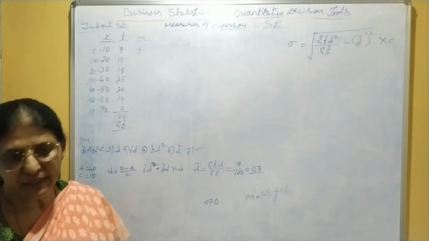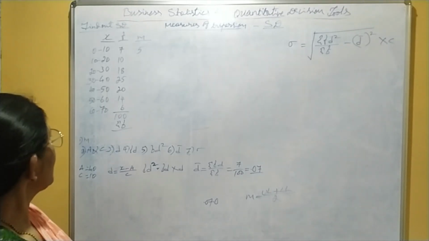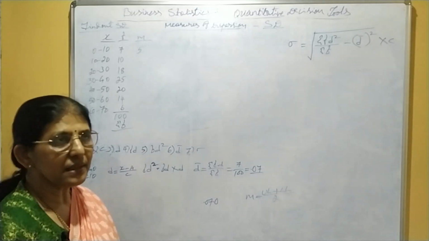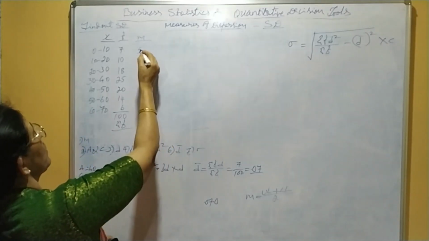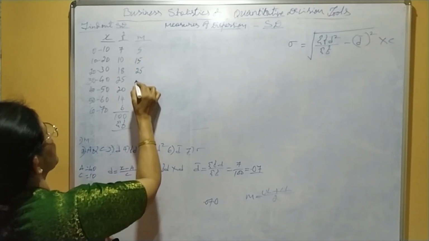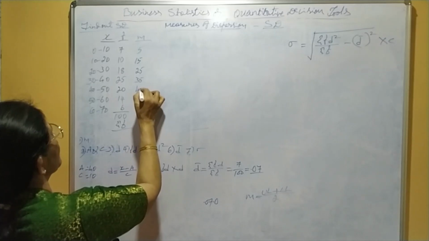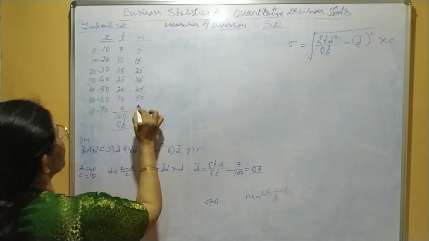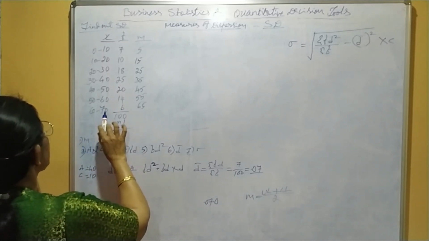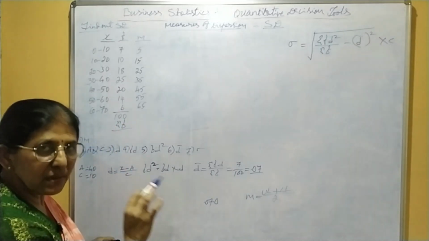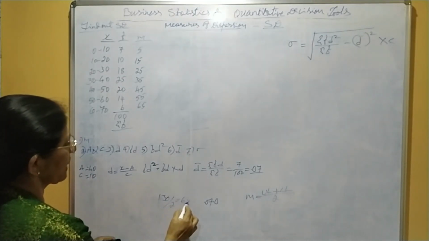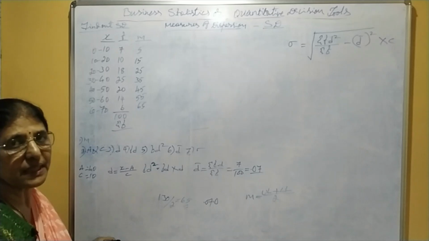The shortcut method here is, when the class interval is common, you may go on adding the class interval to the previous mid value. 5 plus 10, 15 plus 10, 25, 35, 45, 55, 65. Anyhow, you check the last one, 70 plus 60, 130. 130 divided by 2 comes to 65, isn't it?